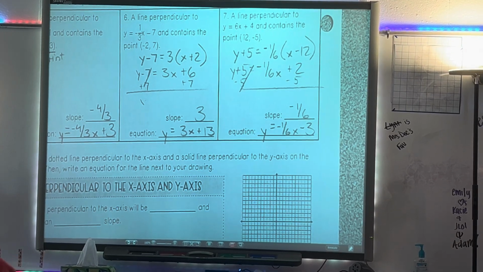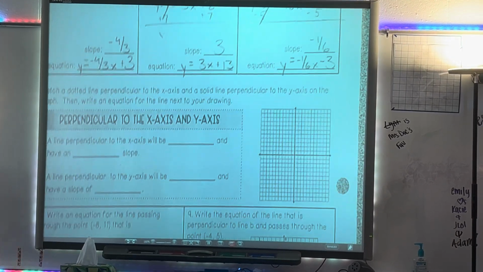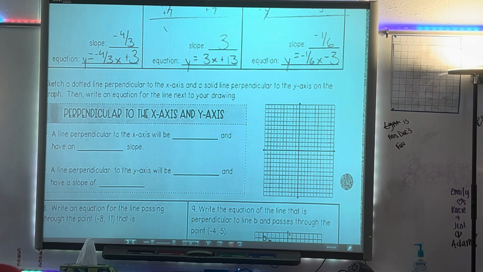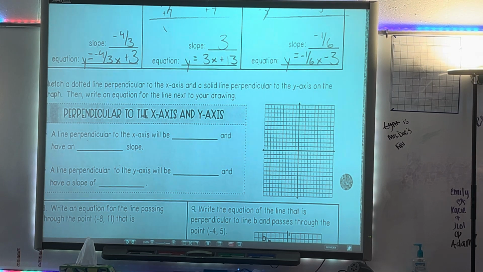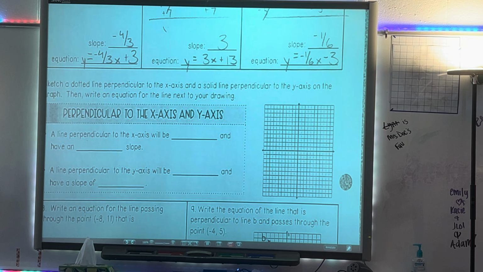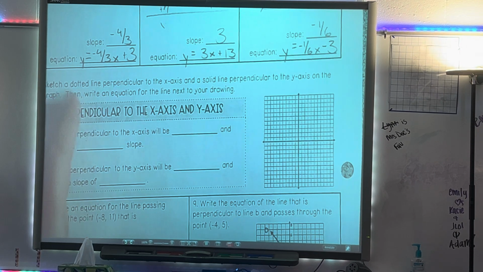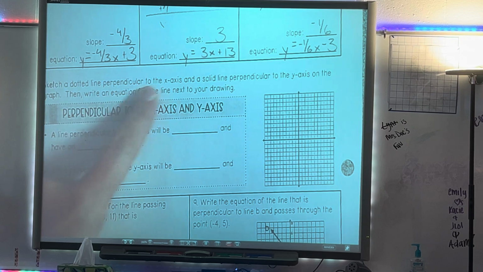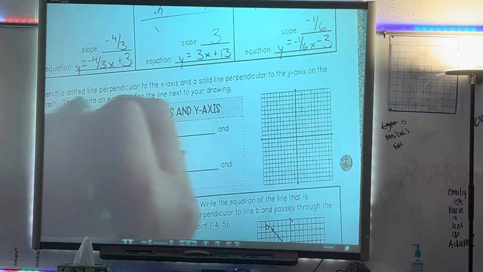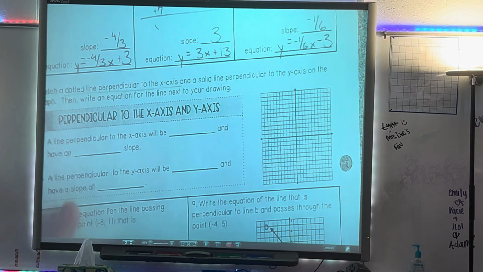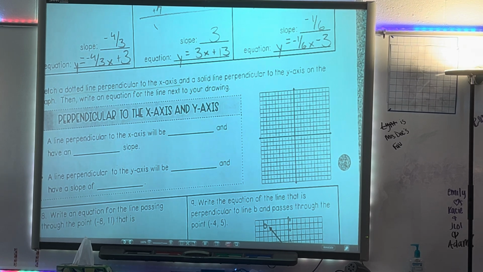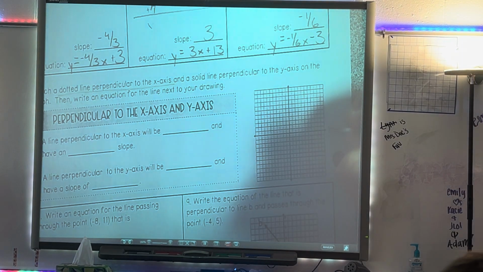Okay, and we're going to have a similar situation to what we had with the parallels, where we talk about the x and the y axis. Just as a reminder, it says sketch a dotted line perpendicular to the x-axis. So which axis is my x-axis? The horizontal one.